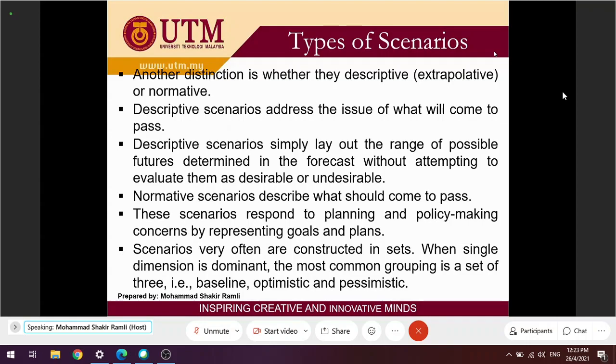So we will have a baseline scenario, an optimistic scenario and a pessimistic scenario. We learn this in probabilistic or stochastic techniques. Baseline meaning that we assume it's a normal situation. Most of the things are okay or nothing much is going to change.